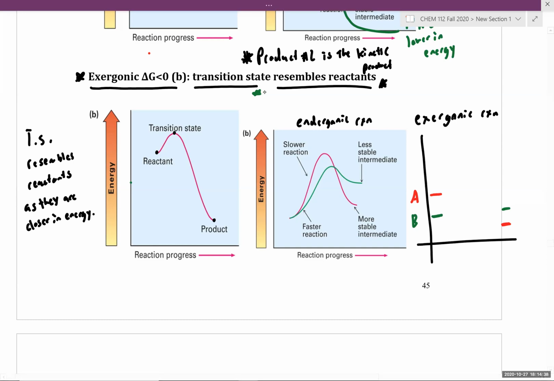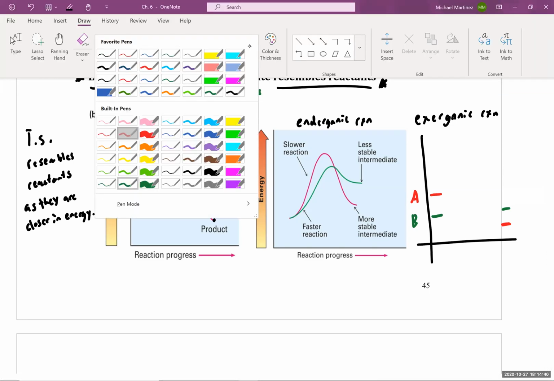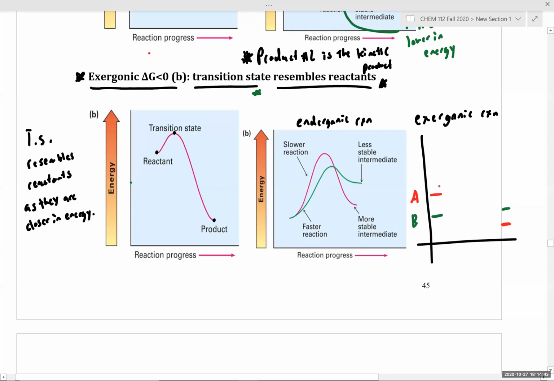Okay, so then if we compare A and B, which reactant is higher in energy? If we compare A and B, we note that A is higher in energy, and as a result, the transition state for A is higher in energy.